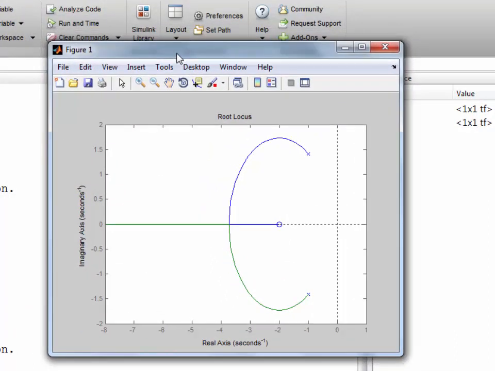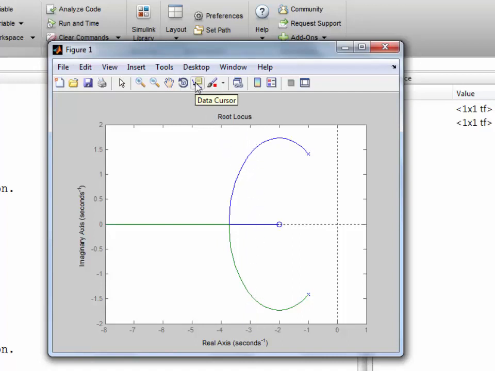And in that example, what we were trying to achieve was pole locations with a sigma equal to 3. So one way to do that, so you can see here -3, you can imagine an invisible line here.